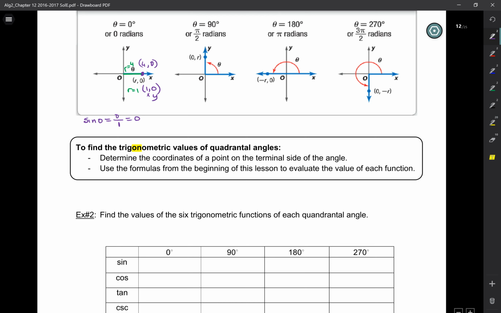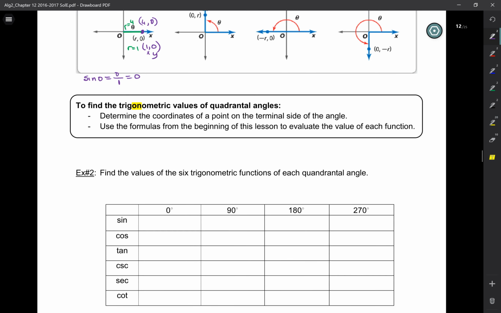Okay, so let's just put it in the chart here. So if my angle is 0, the sine of it would be 0. Okay, because at 0 I have a coordinate point of 1 comma 0.